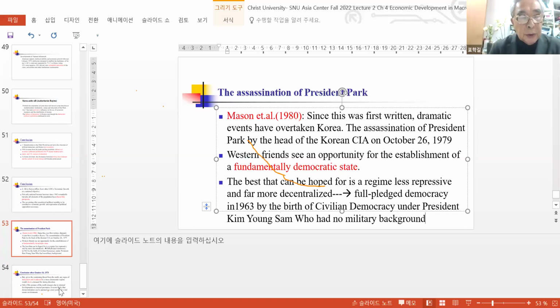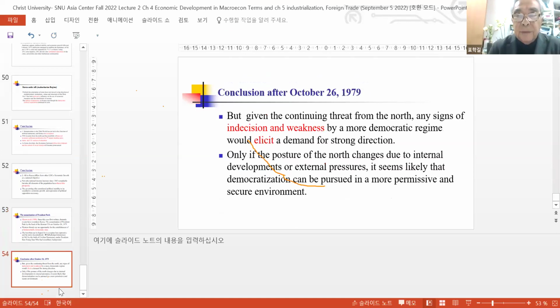So this concludes: given the continuing threat from the North, any signs of indecision and weakness by a more democratic regime would elicit a demand for strong direction. Only if the posture of the North changes due to internal development or external pressures does it seem likely that democratization can be pursued in a more permissive and secure environment.